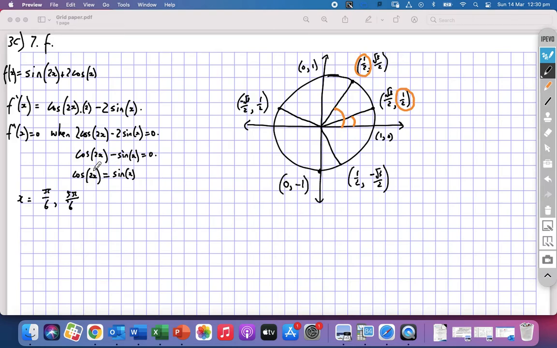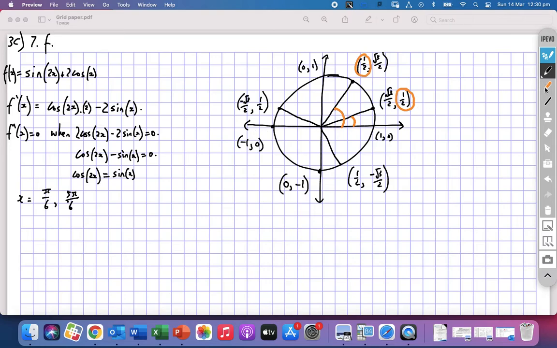When you come to put the 3 pi on 2 in with the cos function here, you're going to double it. So 3 pi on 2 doubled is 6 pi on 2, that's 3 pi. So what's cos of 3 pi? Right, that's pi, 2 pi, 3 pi. I'd be here at minus 1.